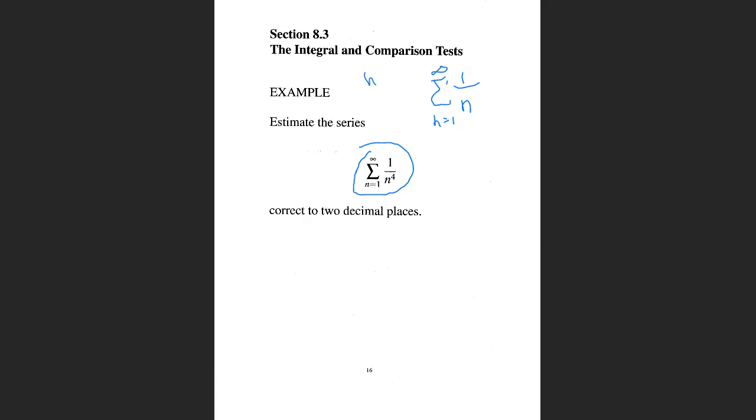Here's the harmonic series. 1. That's right. So the harmonic series diverges. Notice that p is equal to 1.